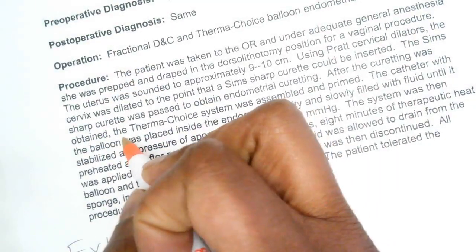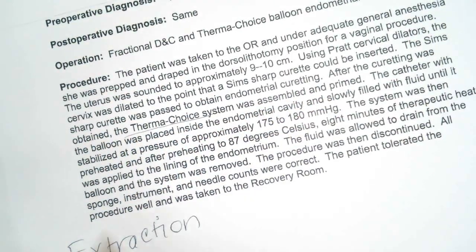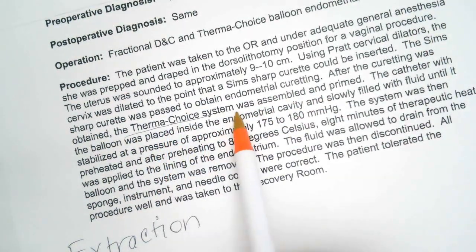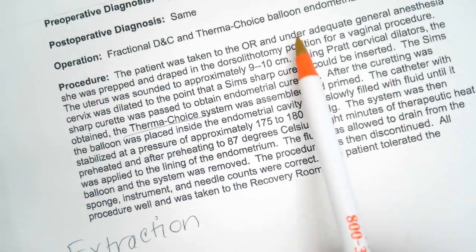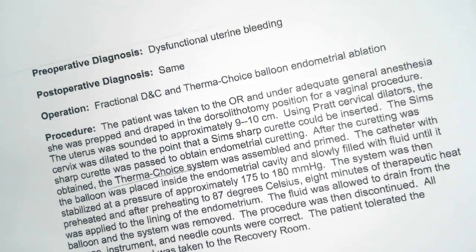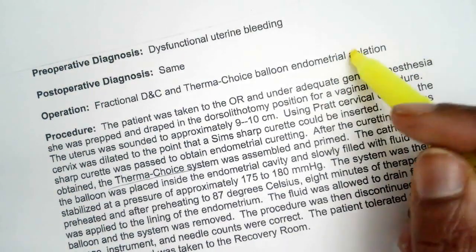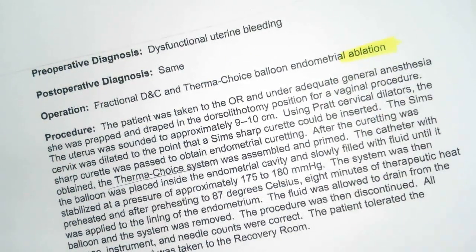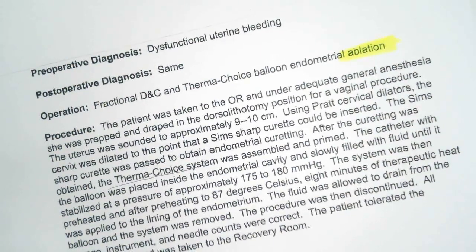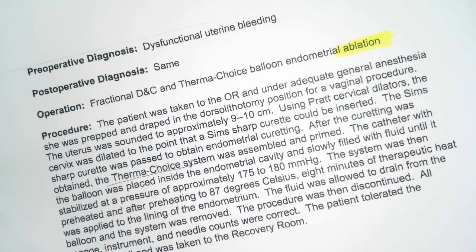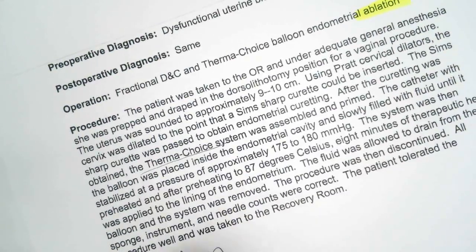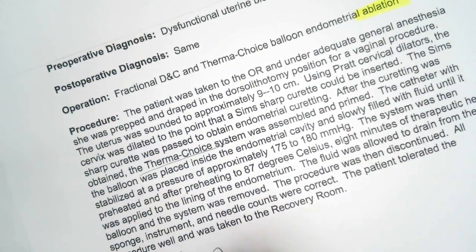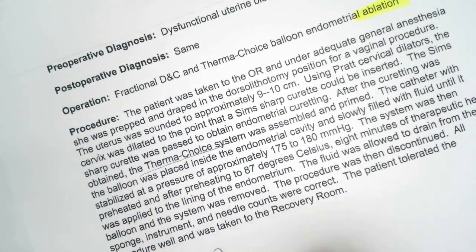And then the second thing that happened was this Choice system, which was done to ablate. This is why it's important to look up the terms before you start coding. They did the ablation of the endometrium, and so that's coded to the root operation of destruction.